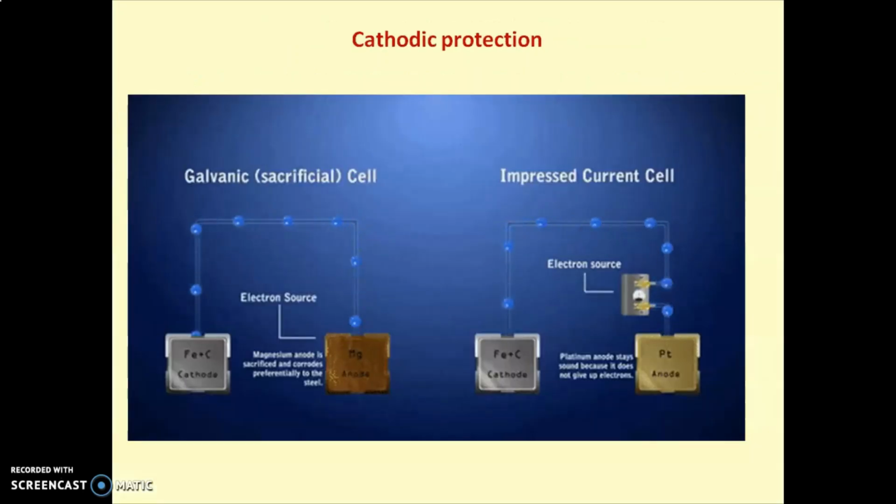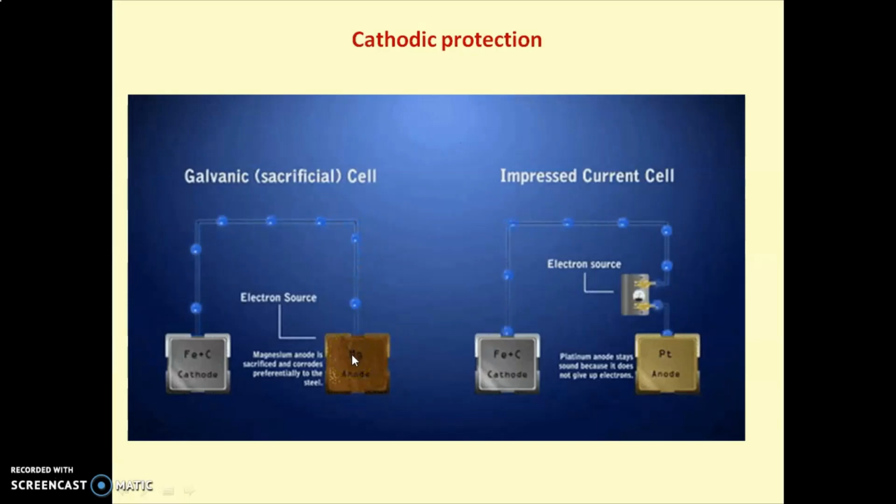Have a look into this, a comparative study. Here sacrificial anodic protection, and here impressed current cathodic protection. In the sacrificial system, as I told, one metal sacrifices to protect the other. So if you want to protect this metal, it is connected to a more highly reactive metal. That's why this undergoes corrosion, and electrons flow from here because oxidation takes place here.